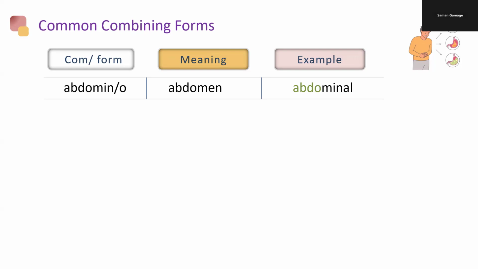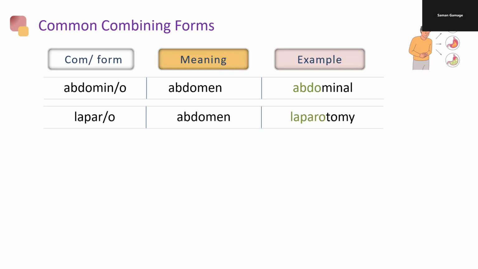Abdomino means abdomen, your tummy. Abdominal means pertaining to abdomen. Laparo means again abdomen. Laparotomy is incision in the abdomen, a cut in the abdomen. Adeno is gland. Adenoma is a tumor arising from glands, a neoplasm arising from glands.